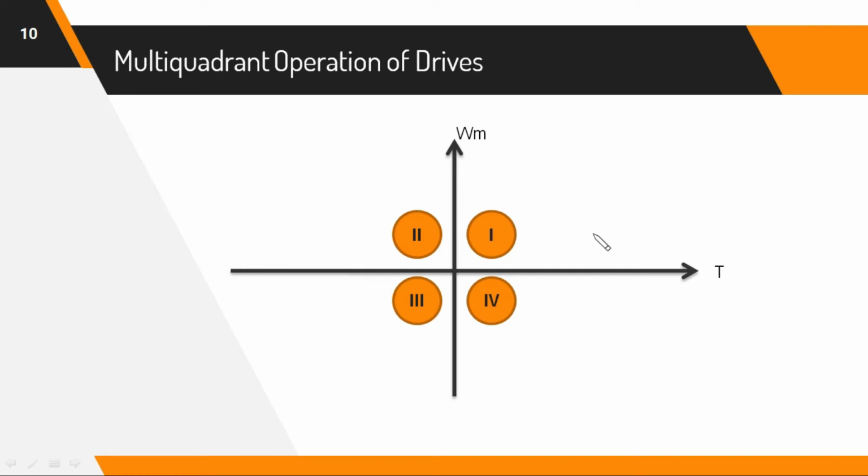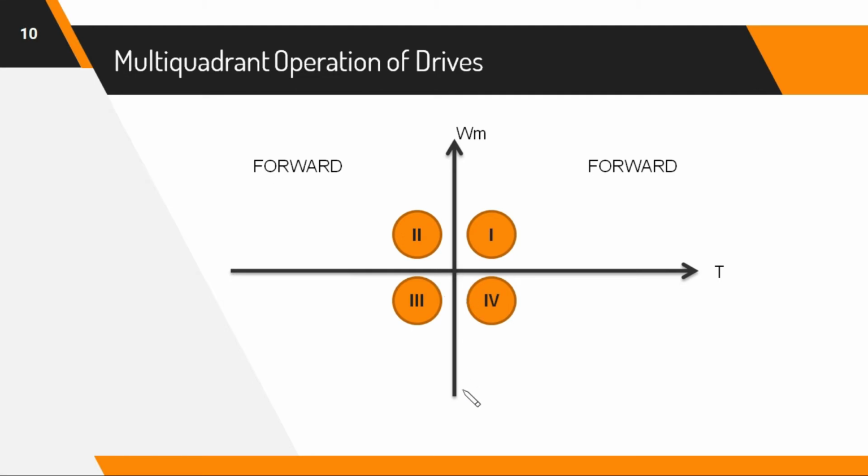With respect to this, the first quadrant will be forward. Why? Because by sign convention we assume that omega m in the upward direction is considered forward.